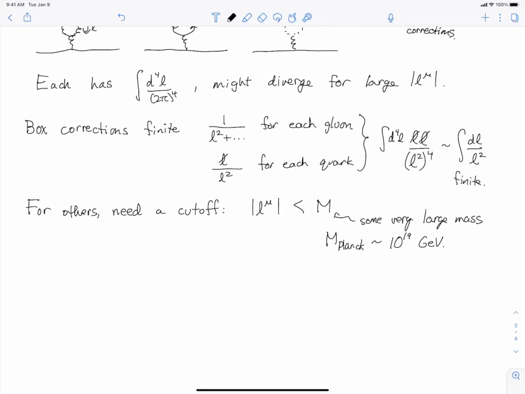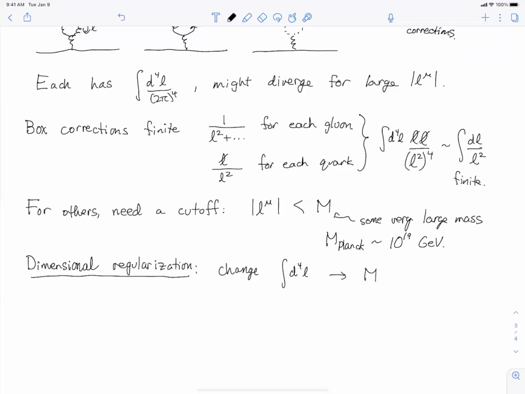I should mention that that's not exactly how people do this in practice. In practice, they do a very weird thing called dimensional regularization. Despite being very weird, it's also much easier. And in dimensional regularization, what you do is you change, instead of integrating d4L, you do your cutoff to the power of epsilon times an integral over 4 minus epsilon dimensional space.